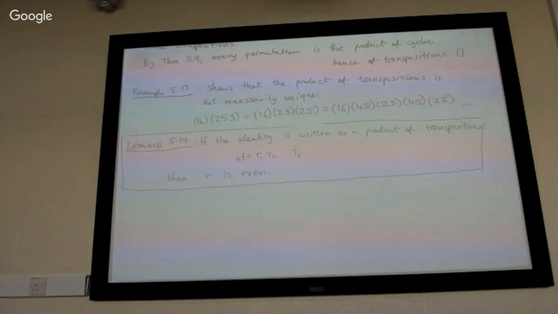This is a key lemma. Why is it a key lemma? In proving that there is a parity of permutation.